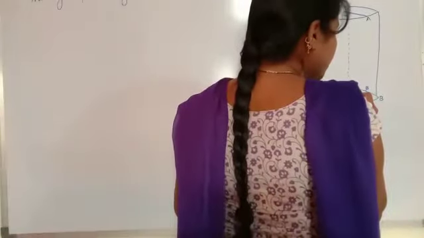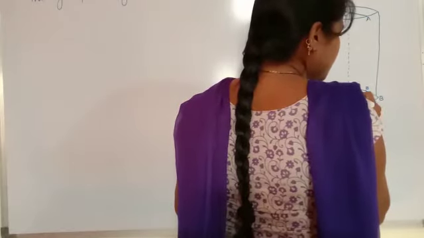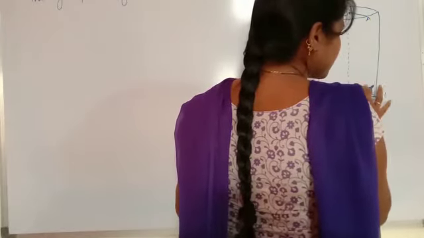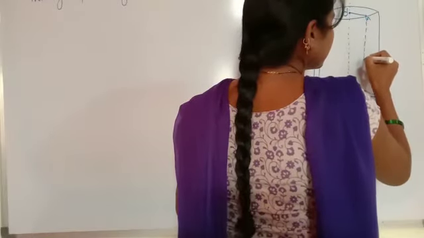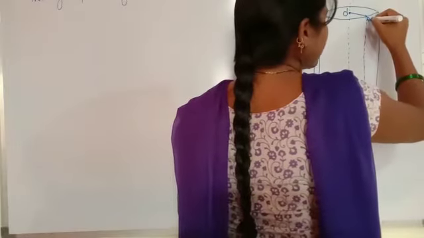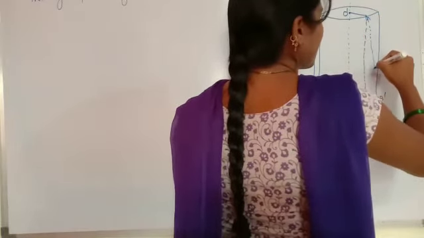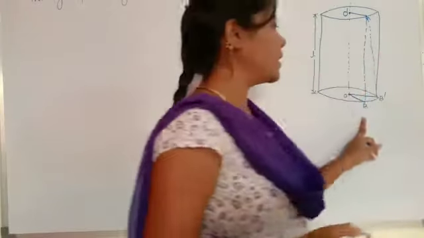So here, this is the B point, and this point is the B dash. So join points A and B. There is a small construction, and join the points A dash and B dash. So we get a triangle A, B, B dash.